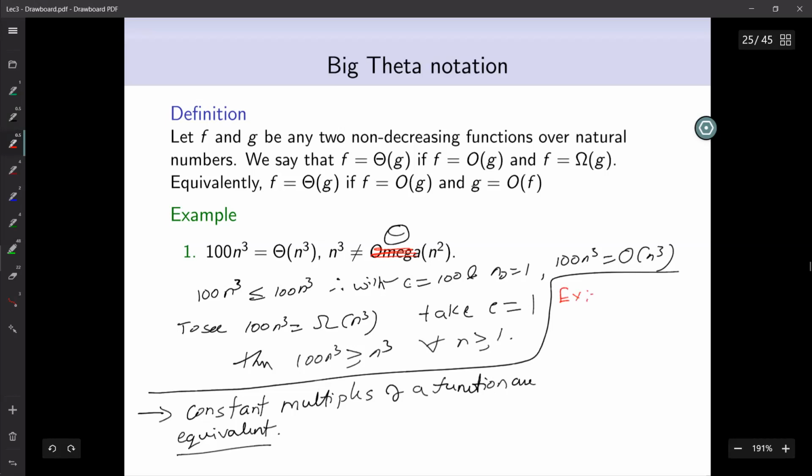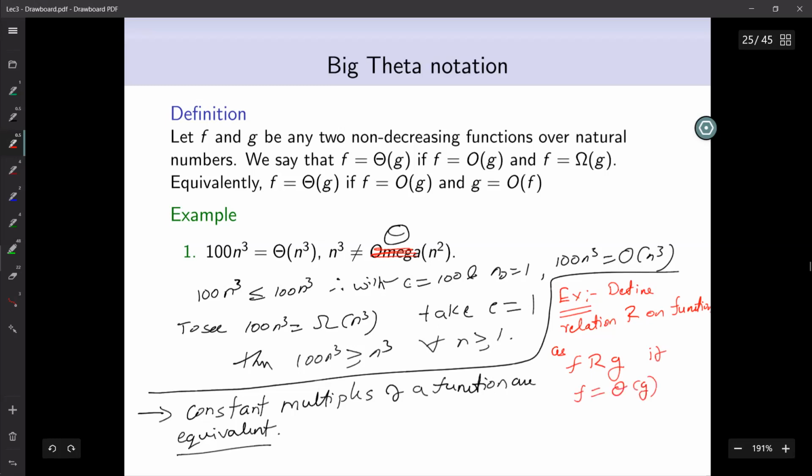I'll leave it as a nice exercise here. Define a relation R on functions, functions which are non-decreasing defined over natural numbers, as f R g if f is theta of g.